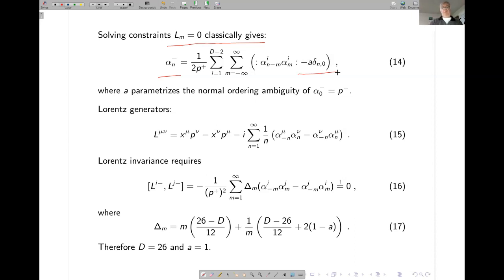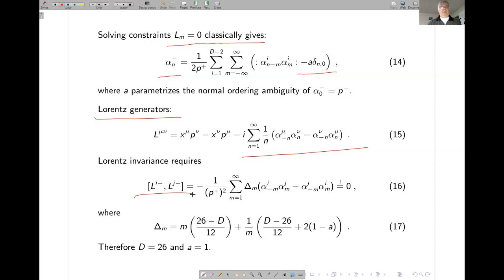Now I want to check Lorentz invariance. The Lorentz generators, if you first write them down, involve all possible alphas. Okay, the alpha pluses we have set equal to 0, but now we write our Lorentz generators in terms of light cone coordinates. Then we have also mixed Lorentz generators L^{i-}.